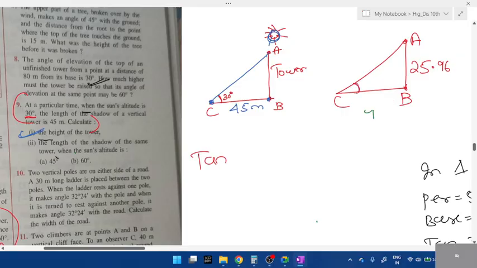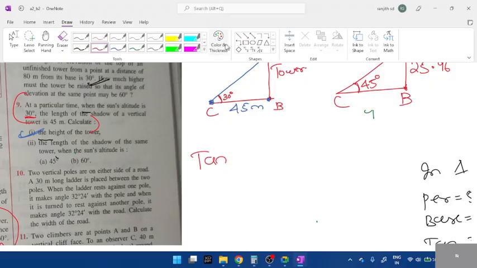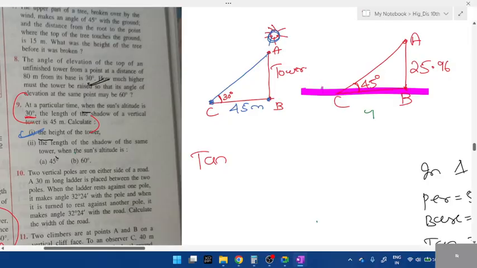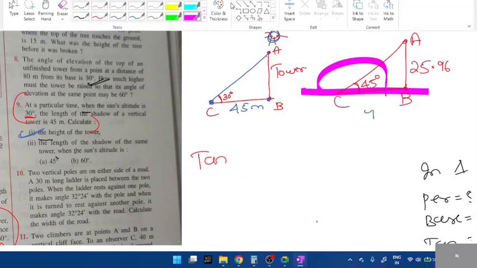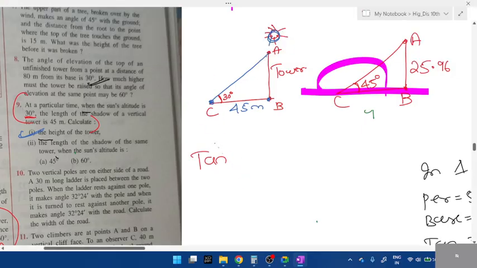And what is the angle change now? From 30° to 45°. If we place a protractor here, this is 45 degrees. Okay. Next, tan 45 is given. Take tan 45.